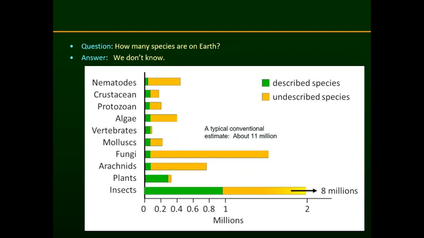That's why for a lot of these categories of organisms, especially insects, we've got just about 1 million insect species that have been formally described. And there's like 8 million or more that have actually been collected and are sort of in line waiting to be described. So this illustrates that we've got a lot of work to do on this planet in terms of documenting the different species that are here.